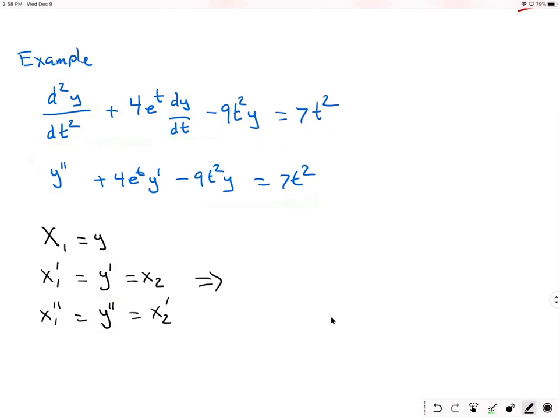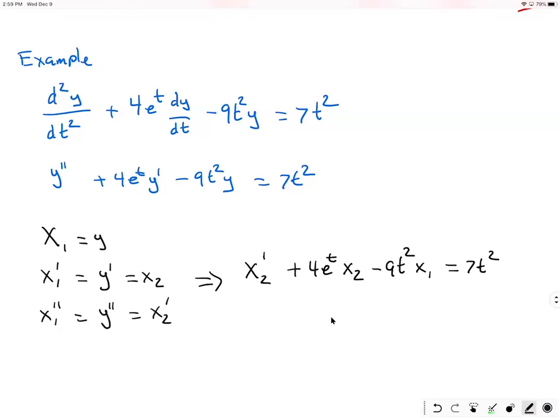So I have y double prime, which is the same as x2 first derivative, plus 4e to the t times y prime, but y prime is x2, minus 9t squared times y, but y is x1, and that's equal to 7t squared.